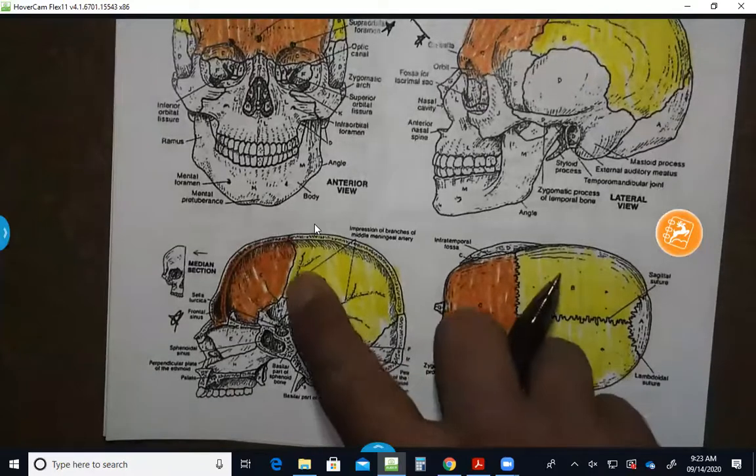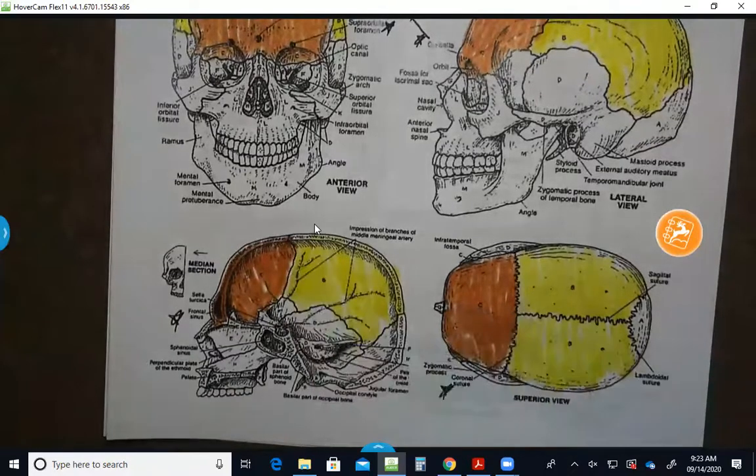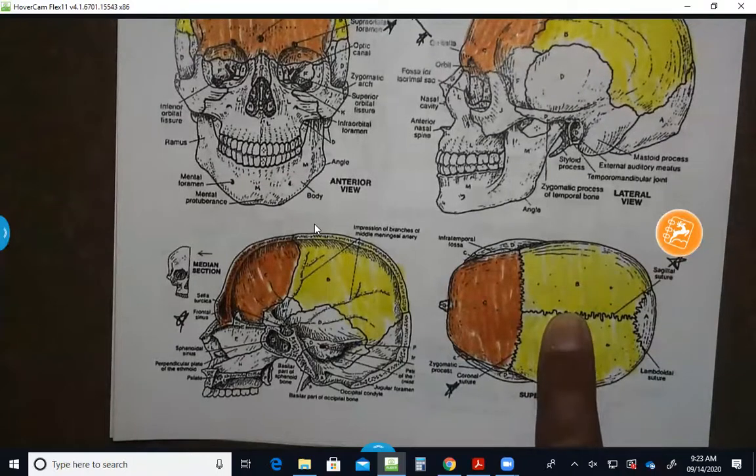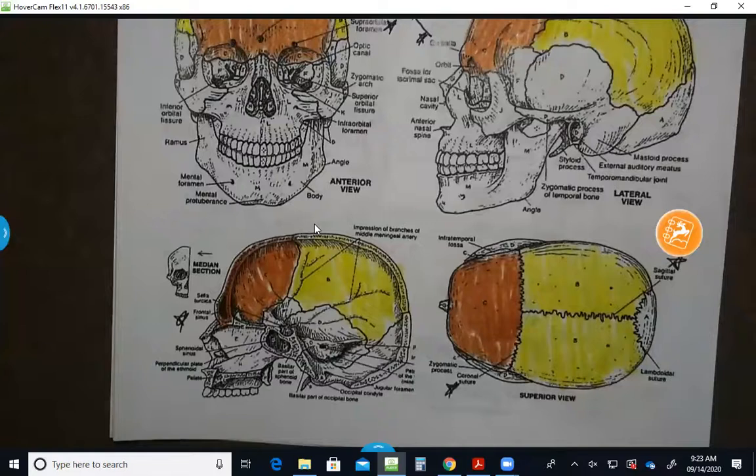And if you wanted to, you could draw an arrow over here to our mid-sagittal view, but I'm not going to. It's not a big deal. Sagittal suture is only visible here in our superior view. You guys remember the sagittal plane was that vertical plane that ran front to back. Sagittal suture runs right along that plane. Since it runs on that plane, that's where that name comes from.